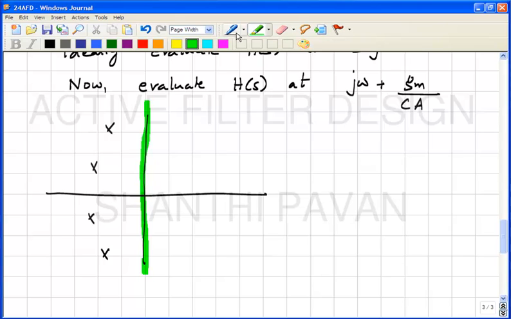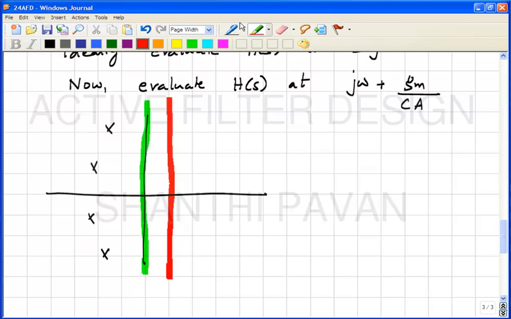So when the stuff is non-ideal with finite gain, all you have to do is evaluate H of S along a line parallel to the j omega axis, but in the right half plane. If I take this loaf of bread and slice it further into the right, what do you think will happen?